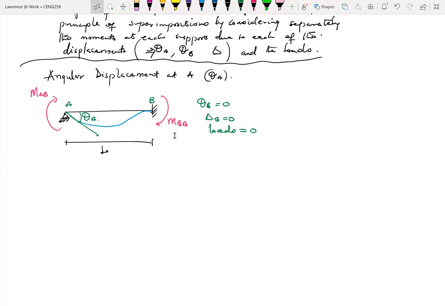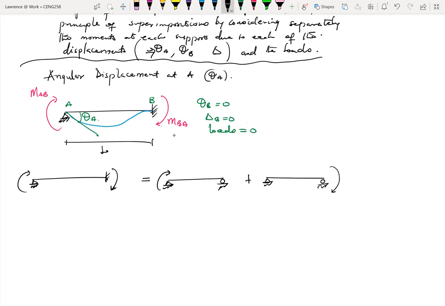So I can just come here, have a beam with this load acting on it, and it's the same as, I can break this into 2 plus, so that if I sum beam 1 and beam 2 together, I should get the original beam here.